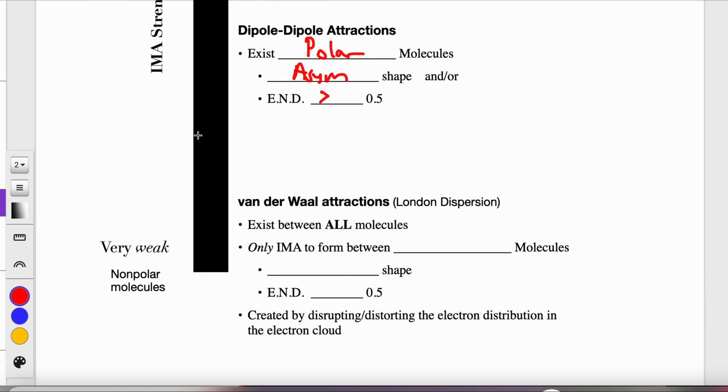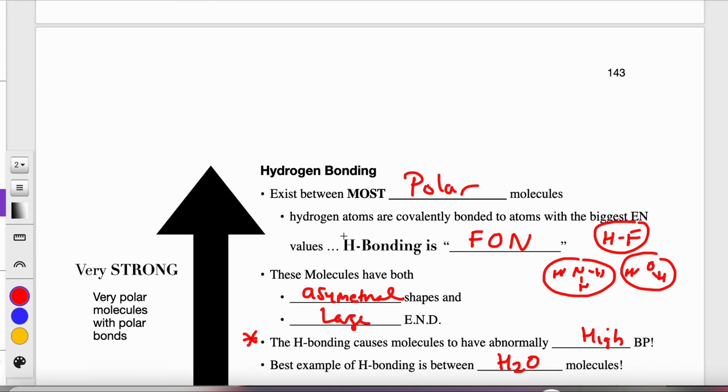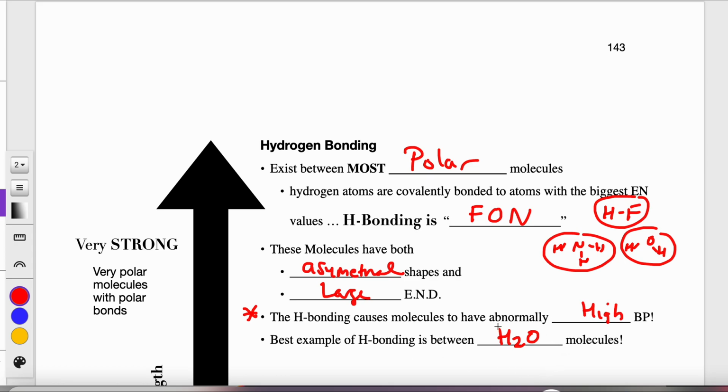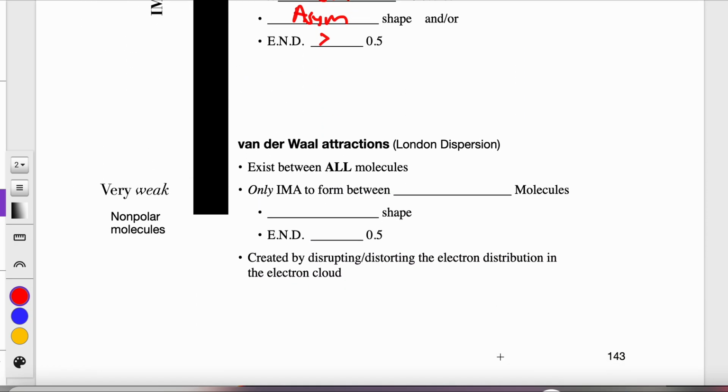The weakest of the IMAs is van der Waals, or what we know as London dispersions. These exist between all molecules. So molecules like water that exhibit hydrogen bonding also exhibit the van der Waals London dispersion. These are very, very weak.